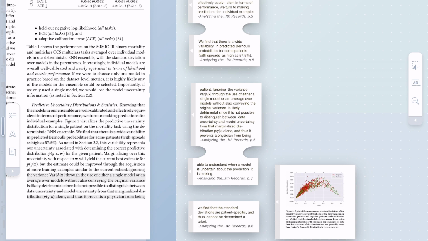So, ignoring the variance over lambda, basically, if you want to ignore it, it's not going to be possible to distinguish between data uncertainty and model uncertainty.